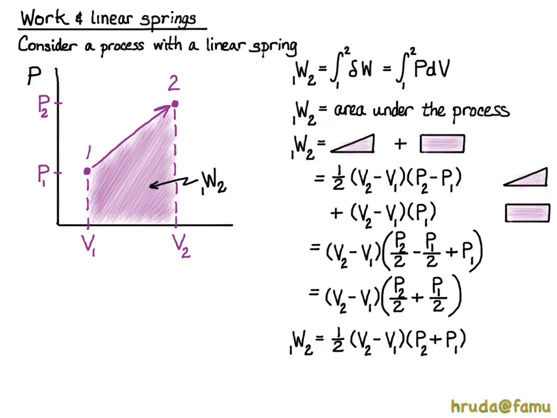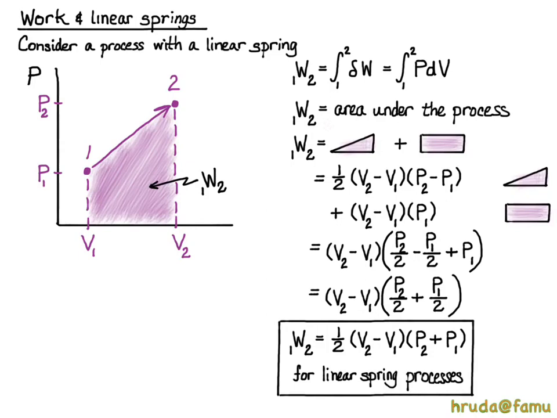The heights of that trapezoid would be P2 and P1. So we get that the equation for a process when you've got a linear spring would be equal to 1/2 V2 minus V1 times P2 plus P1. This equation is not on the equation sheet for exam 2, but that's okay because you know it's the area of the rectangle plus the area of the triangle.